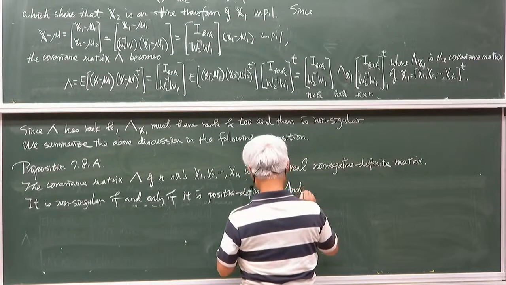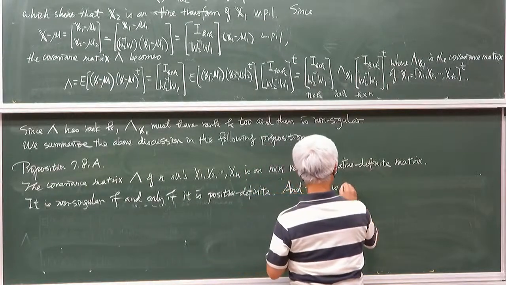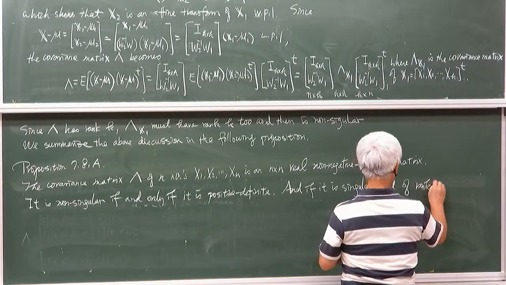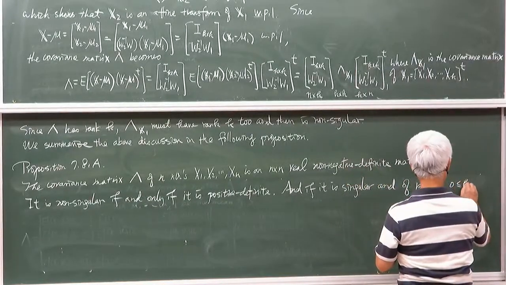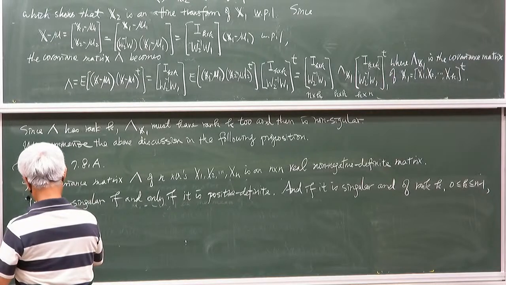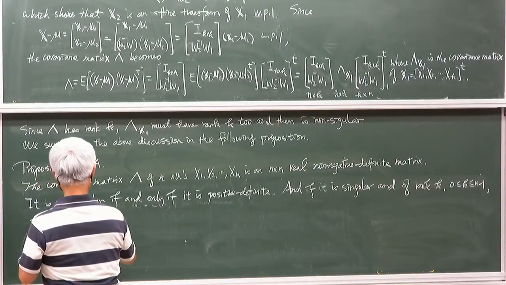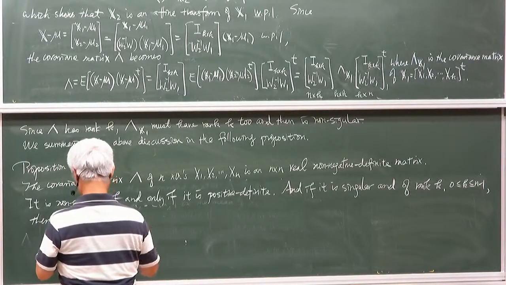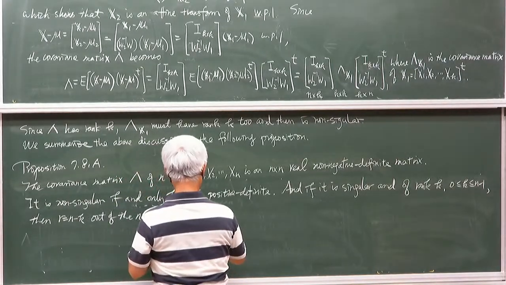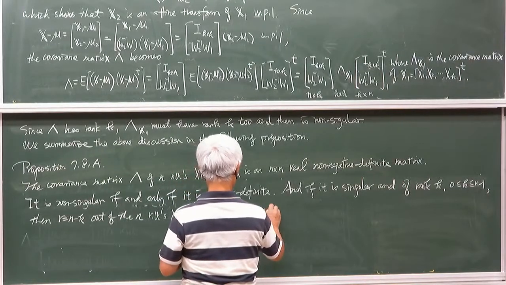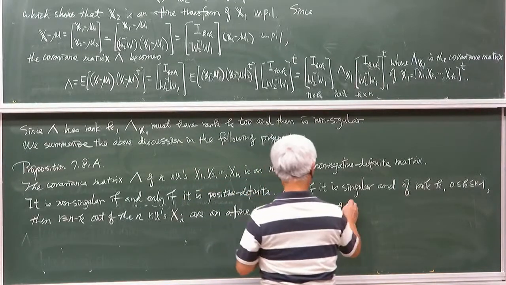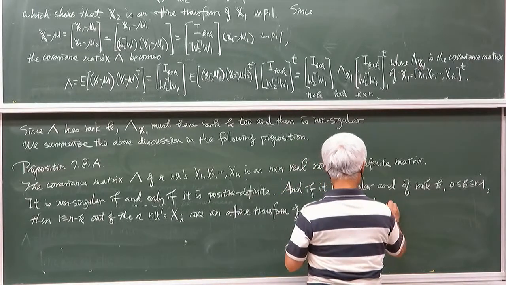And if it is singular and of rank k, where k is between 0 and n minus 1, then r, which is defined as n minus k, out of the n random variables xi are an affine transform of the rest k random variables with probability 1.